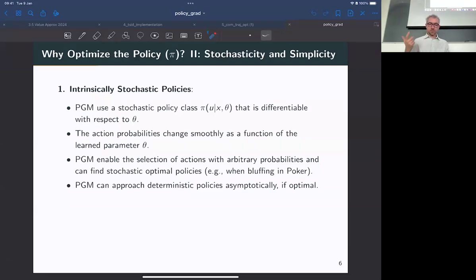Also, with these policy-based methods, we have stochastic policies, which present some advantages. Well, they have to be differentiable with respect to the parameter, of course, because we want to use gradient descent, so they must be differentiable, but neural networks always are. The action probability changes smoothly as a function of the learned parameter.